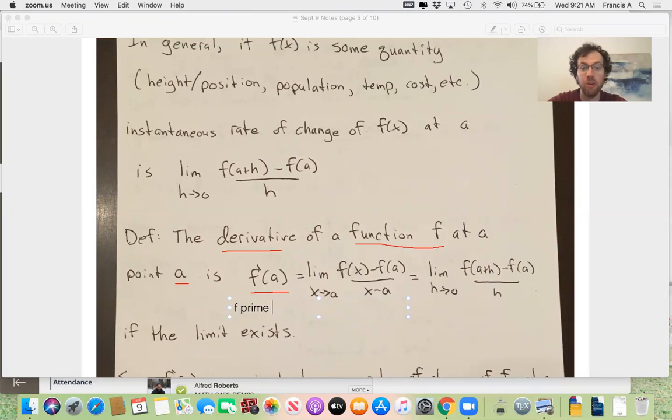This is read f prime of A. So f prime is saying you have this function f, but we're not thinking of values of the function, we're thinking slope of this function's tangent line. So f prime of A, which is the derivative of this function at a point, is how we will refer to these limits. And like before, these two forms of the limits are equal, just the actual calculation will be a little bit different.